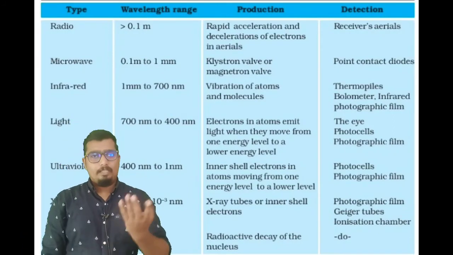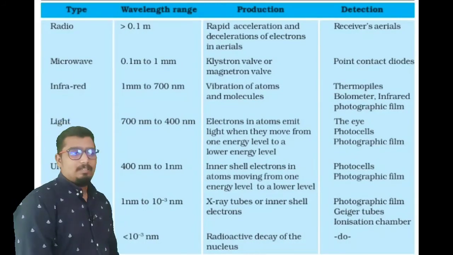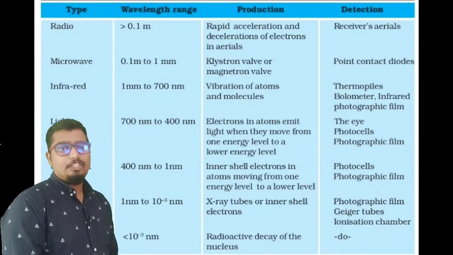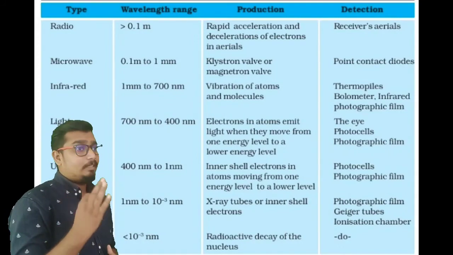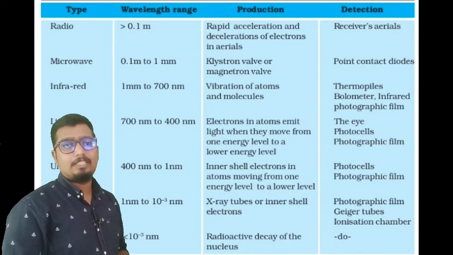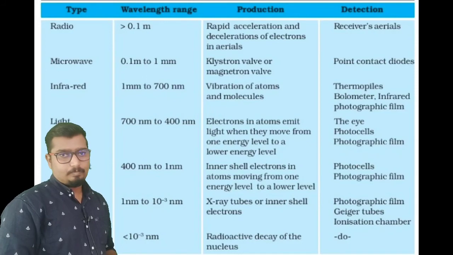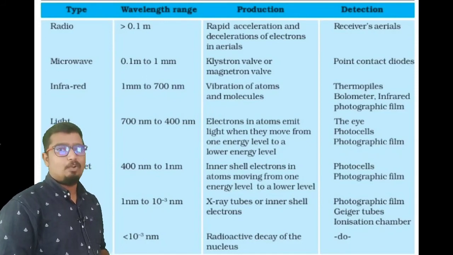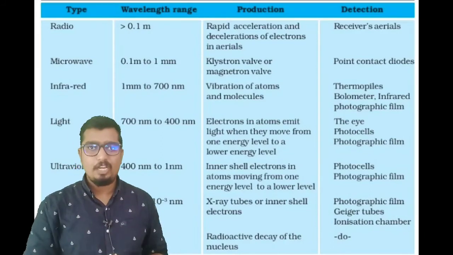Then the next one is X-ray. The range of wavelength is 1 nanometer to 10 raised to minus 3 nanometer. It is produced by X-ray tubes or inner shell electrons.